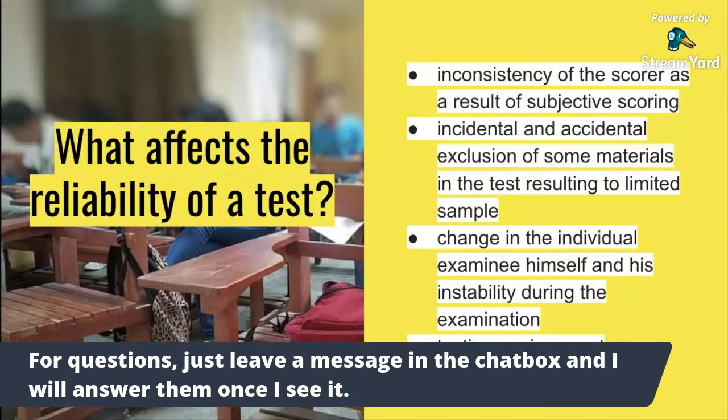Okay, now, reliability of a test is affected by inconsistency of the scorer as a result of subjective scoring. Okay, so if the scorer, for example, is not consistent with the way he or she scores a given test, then when a student takes the test for the second time, it may yield a different score.